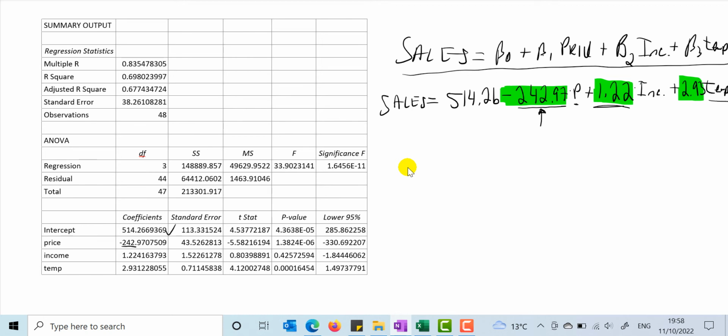How about temperature? Surprisingly, temperature has a positive effect here, which means if temperature increases by 1 Fahrenheit, we would expect sales to increase by 2.93. This is counterintuitive, isn't it? As the temperature rises, people buy sweatshirts, which is not intuitive.